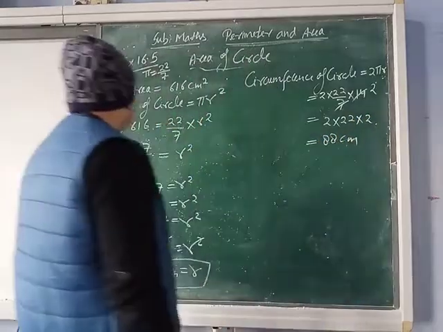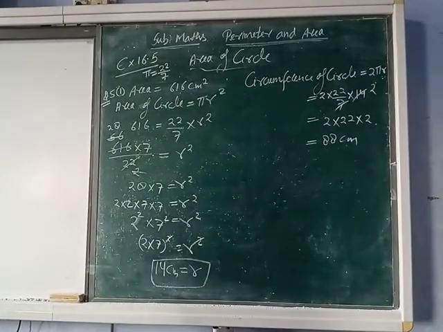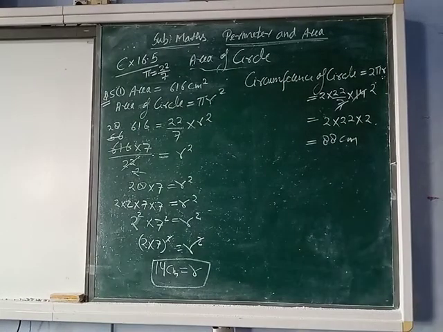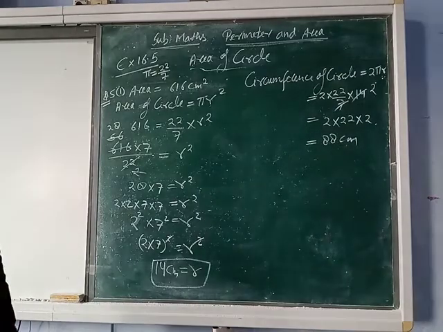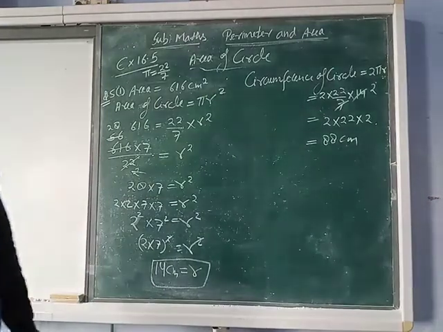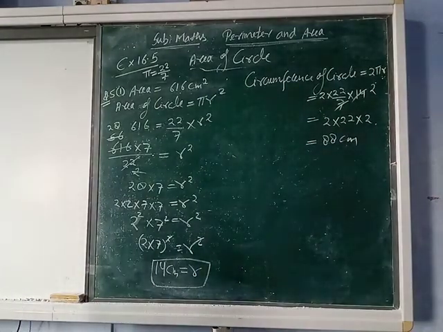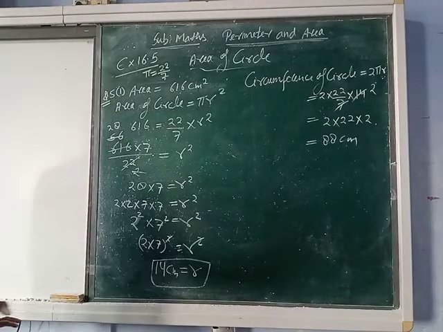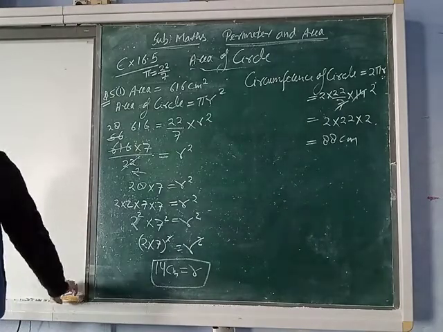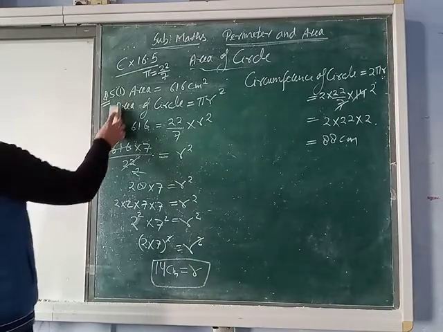That is 88 centimeter, the circumference of the circle. Write down. One more part of the question is given, the second part of 5. We can solve it the same way, but now see what the second part is.